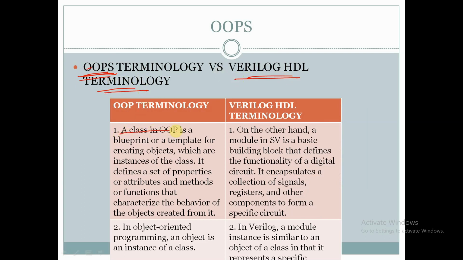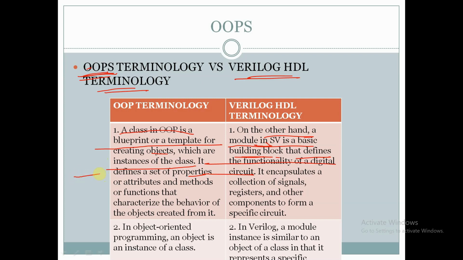A class in OOP is a blueprint or a template for creating objects, which are instances of the class. Whereas a module in SV is a basic building block that defines the functionality of a digital circuit.